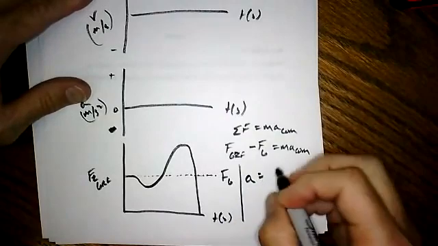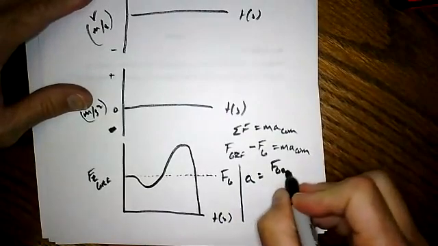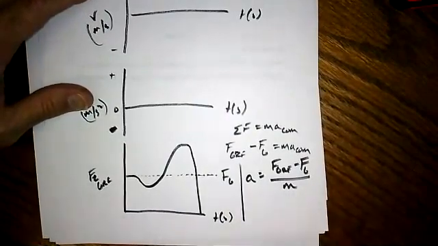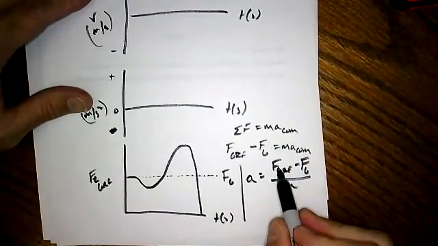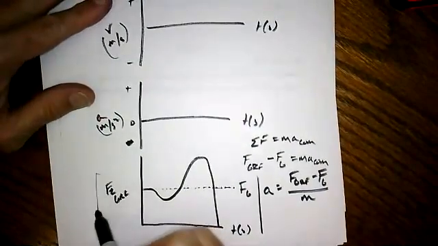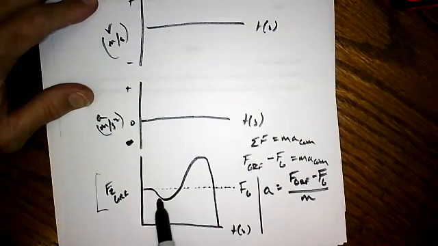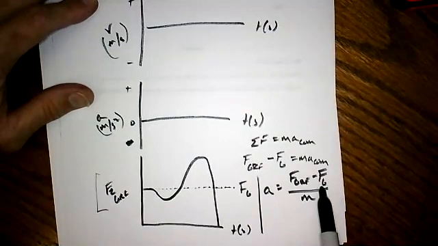A equals FGRF minus FG divided by mass. That's our equation. So what we're going to do, we're going to take, and this is ground reaction force right here, we're going to take every data point on our ground reaction force profile, subtract out body weight, and divide by mass. Okay, that's what we're going to do.